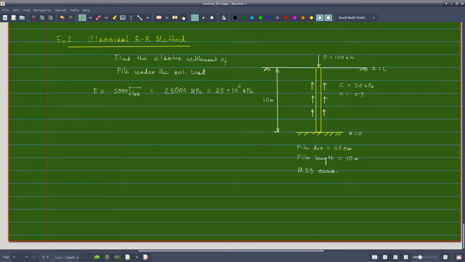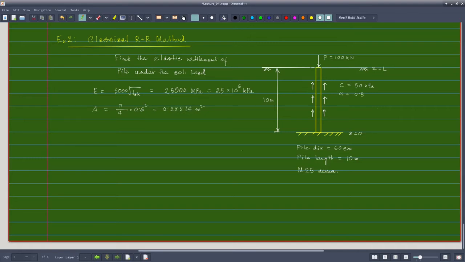Okay, and my area of the pile is, the diameter is 60 centimeters, so pi by 4 into 0.6 square equal to 0.28274 meter square.